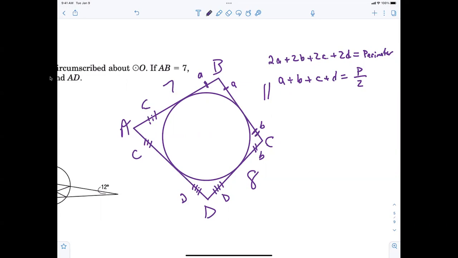Now, what does A plus B have to equal? 11. So immediately I just said 11.